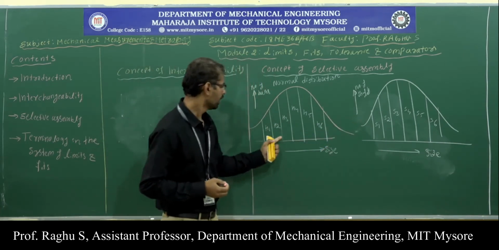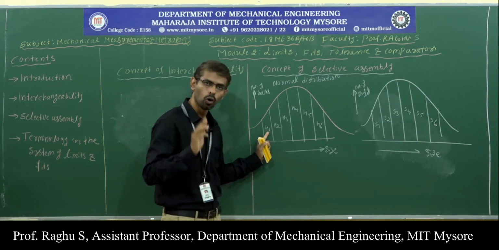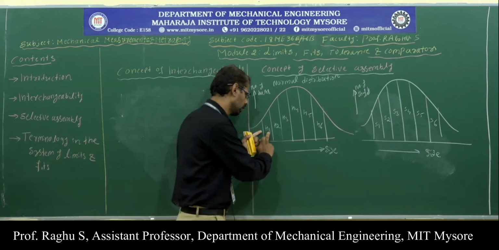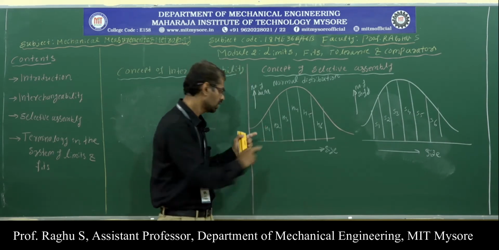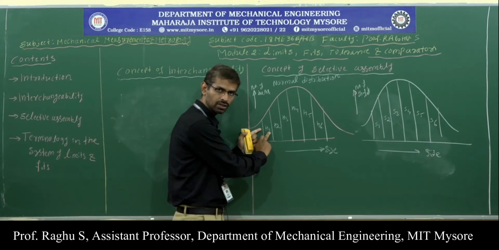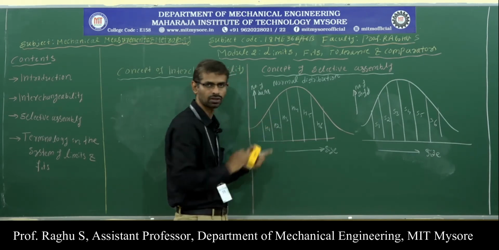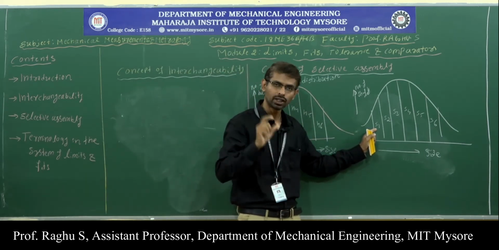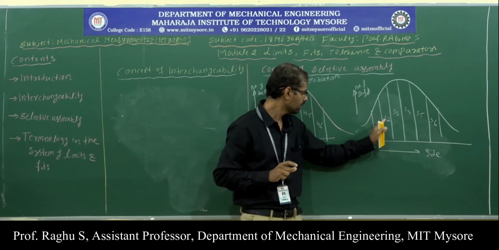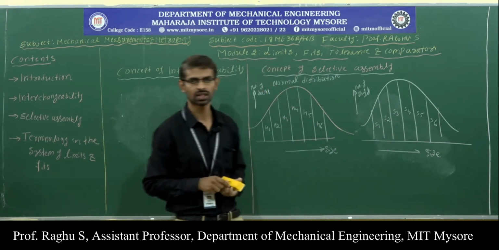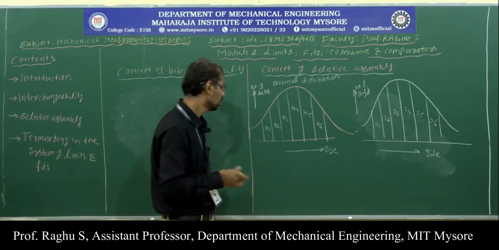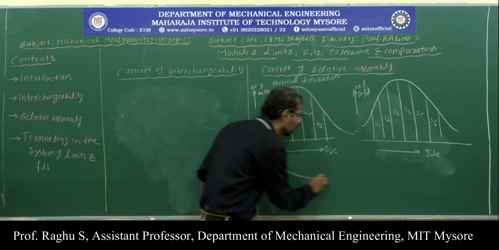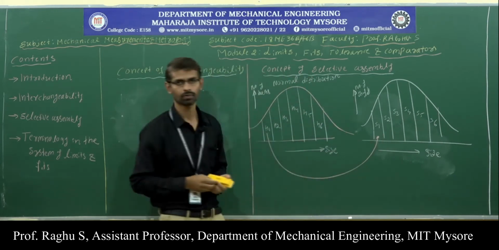Now, the holes of a particular size are grouped into H1, H2, H3. H1 consists of a particular size of holes, and H2 also consists of a particular size of holes. Similarly, the shafts of particular sizes are grouped into S1, S2, S3, S4, S5, S6. Now, the holes in H1 are to be assembled with S1 only.